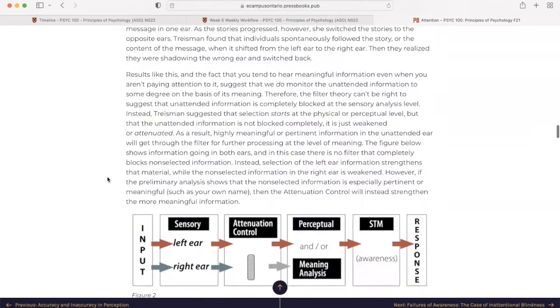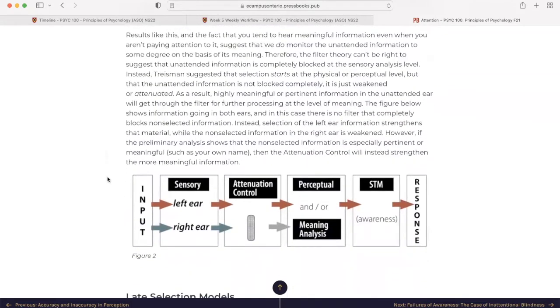Results like this, and the fact that you tend to hear meaningful information even when you aren't paying attention to it, suggest that we do monitor the unattended information to some degree on the basis of its meaning. Therefore, the filter theory can't be right to suggest that unattended information is completely blocked at the sensory analysis level.